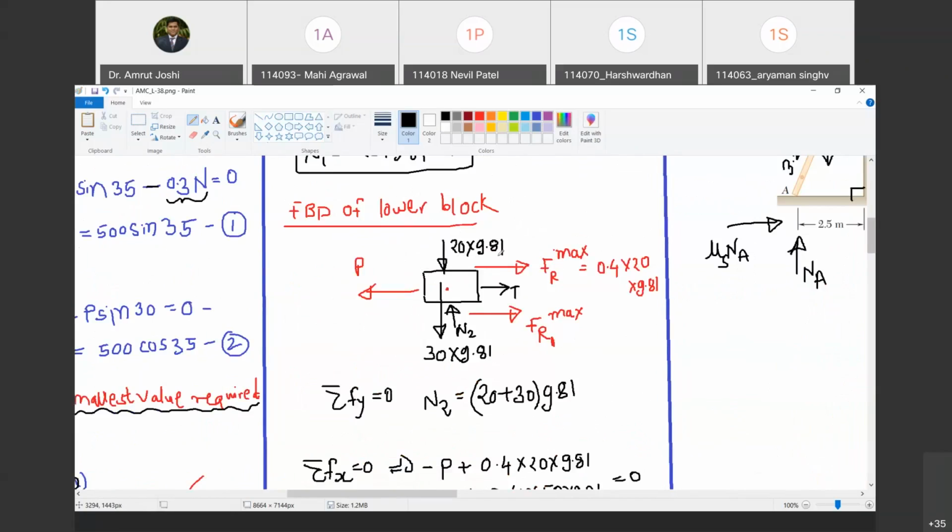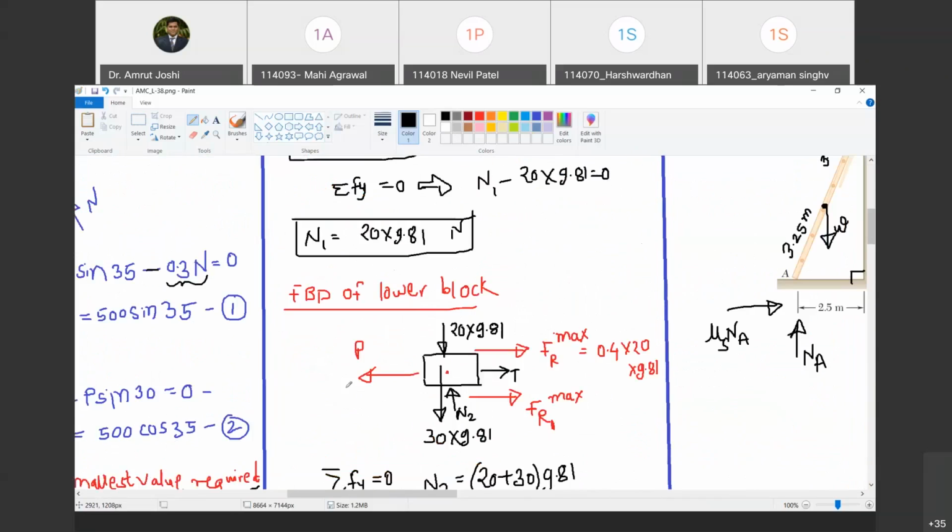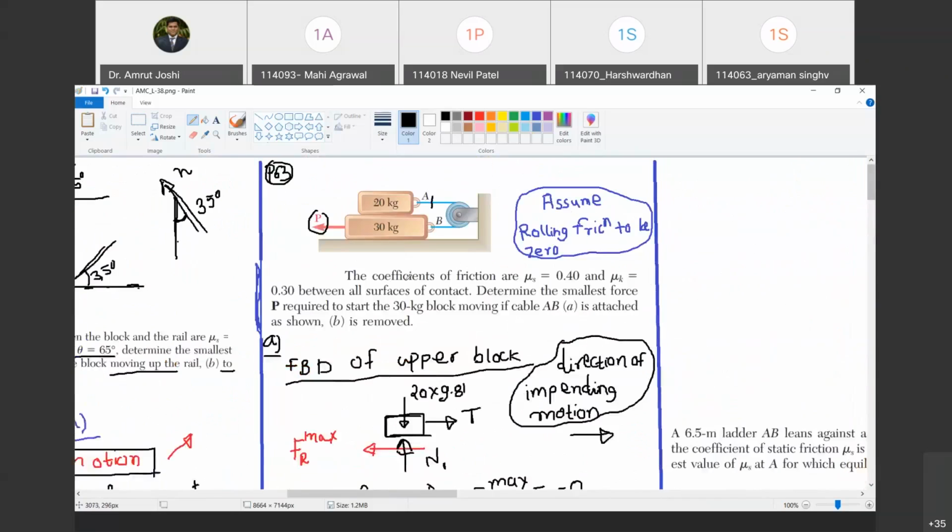Yes, sir. Is P external? Yes, P is applied by external agency on the lower block. So therefore I must show P as well. And now there are going to be frictions at two locations. One here and one here. Do you agree with me? Yes, sir. Now, station the observer on 20 kg block. With reference to observer on 20 kg block, the block of 30 kg is going to move towards left.